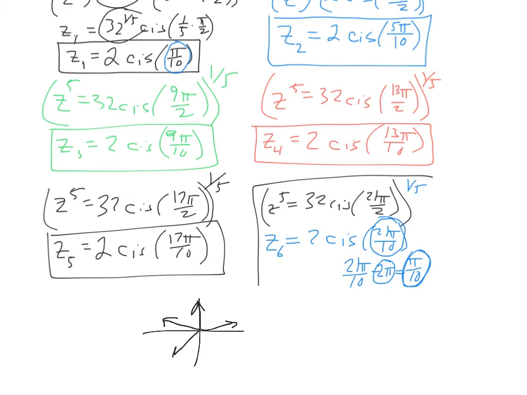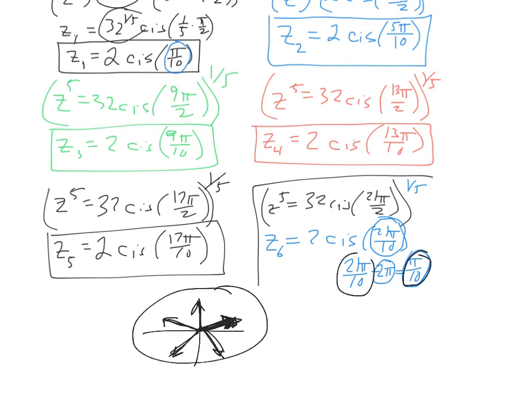The next one is, I'm sorry, 13 pi over 10. This one would be 17 pi over 10. The next one would be at 21 pi over 10, which is exactly the same thing as that one. And then this would be the 7th one, the 8th one, the 9th one, the 10th one, 11th, 12th, 13th, 14th, 15th. This all just keeps going around, and ultimately we really only find 5 roots for this thing.